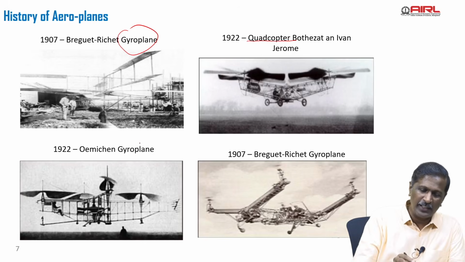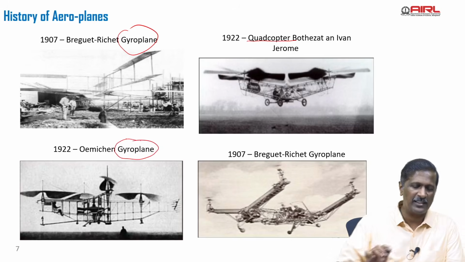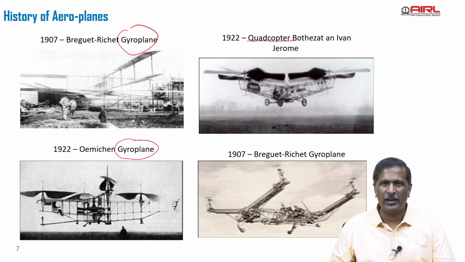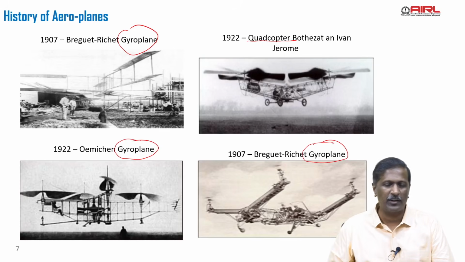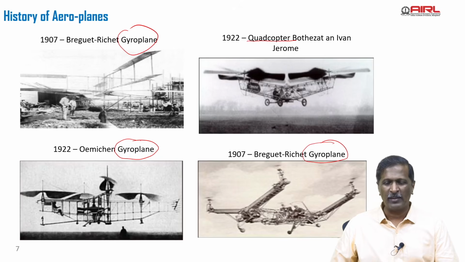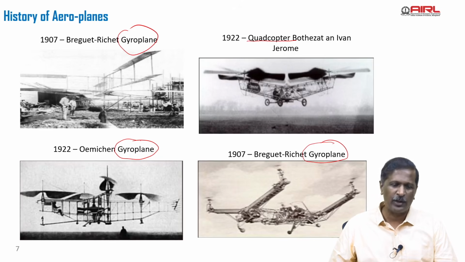And then in 1922, you also have a gyroplane with a single rotor spinning about its own axis and operating. Then 1907 is also another philosophy of gyroplane. So this is what you need, to get an idea about how we started looking at airborne systems in the early days.